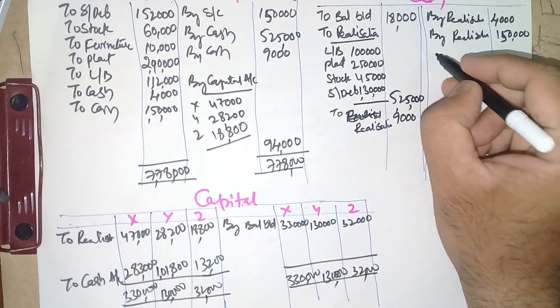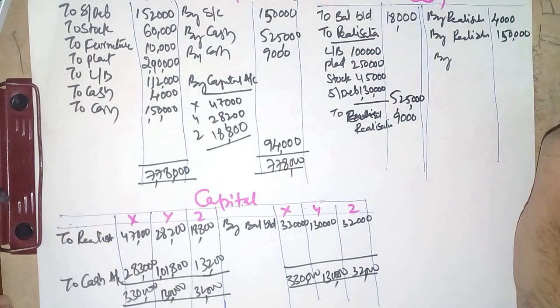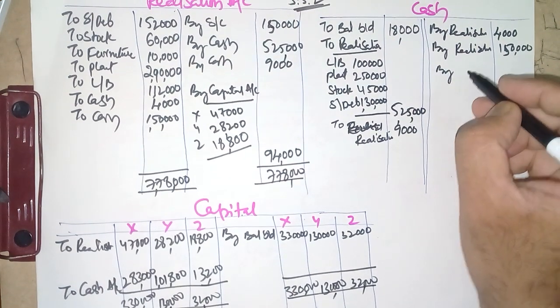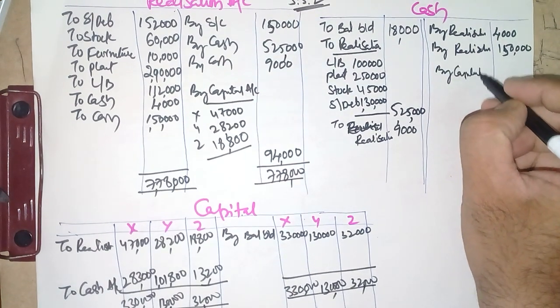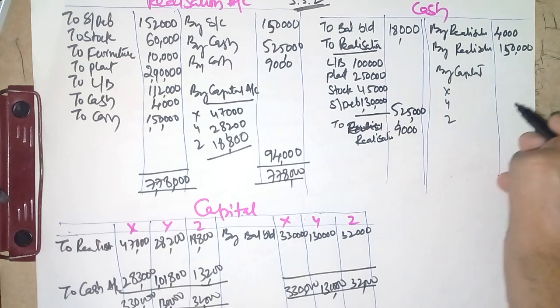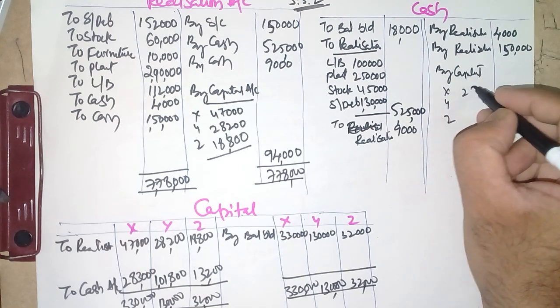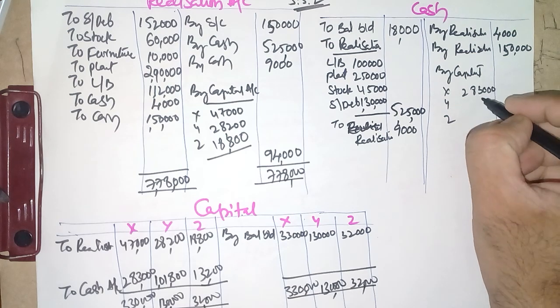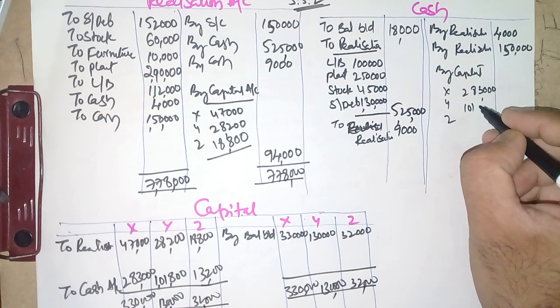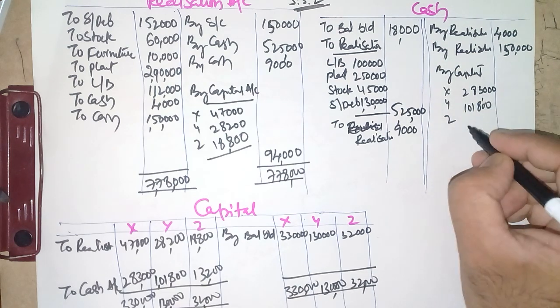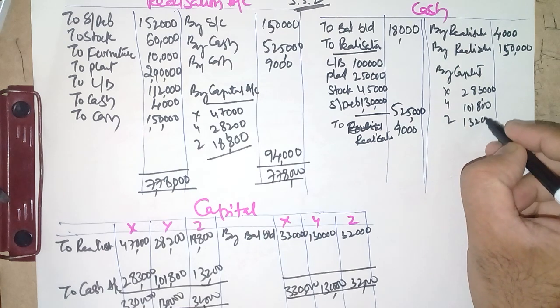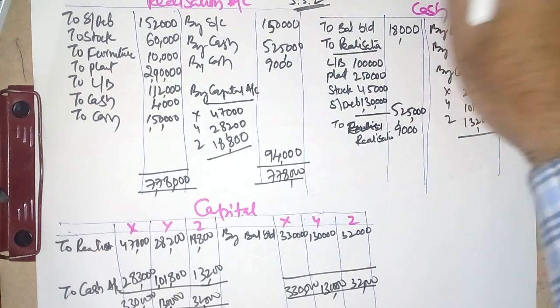by capital XYZ, right? That is 2,83,000, then 1,01,800, then 13,200. So make the summation.